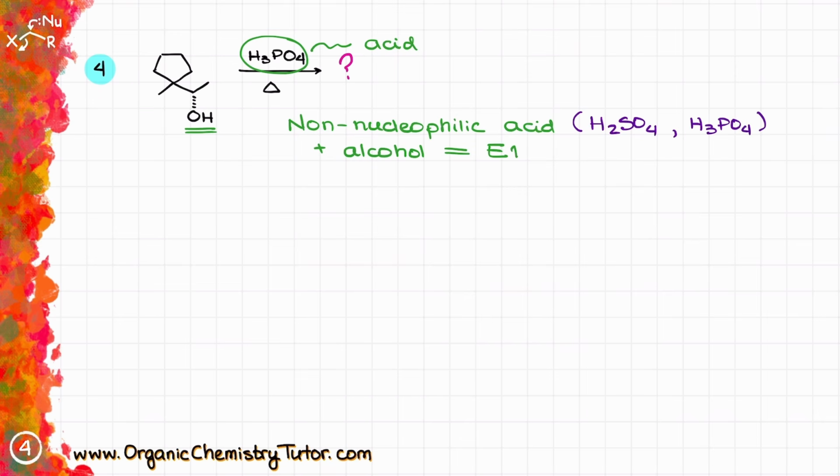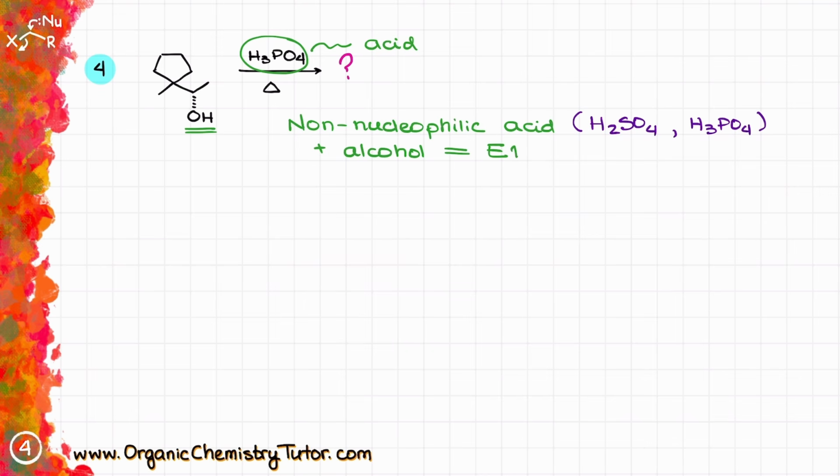Those two are going to be our two main non-nucleophilic acids. Things like HCl, HBr, HI do have the halide anion that we make upon dissociation of the acid, and those negatively charged halides are nucleophilic. So in those cases, we are typically going to see a substitution reaction, but if we have a non-nucleophilic acid like sulfuric and phosphoric acid, we are most likely going to see the elimination reaction.